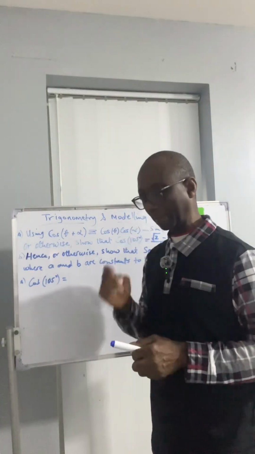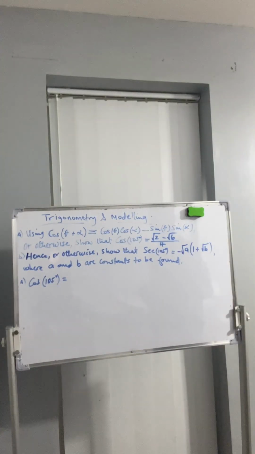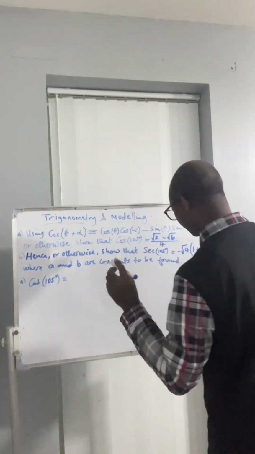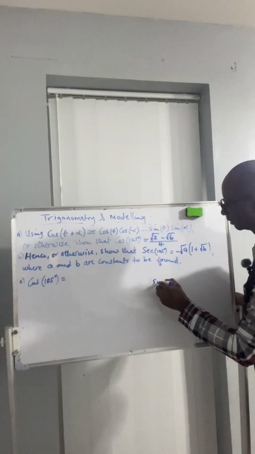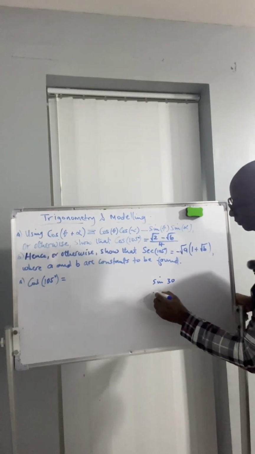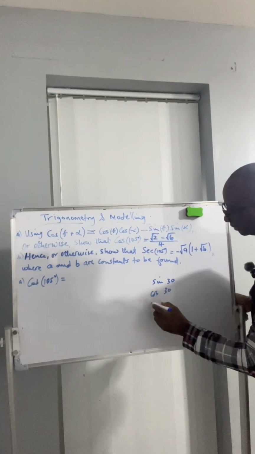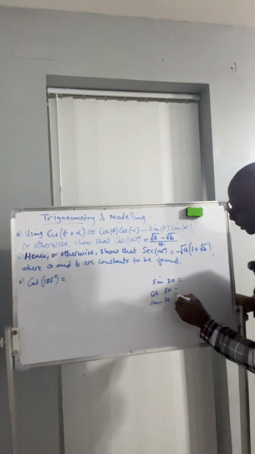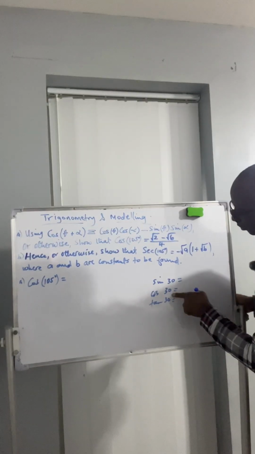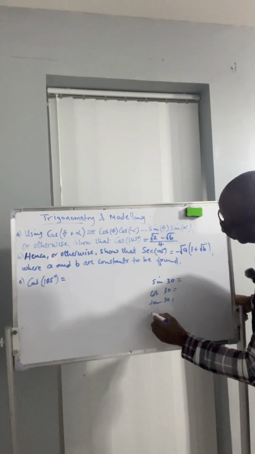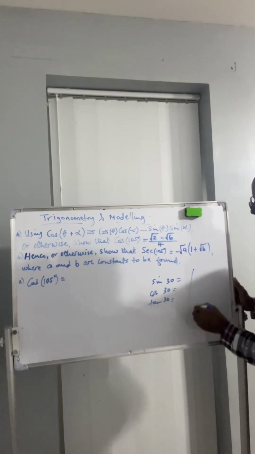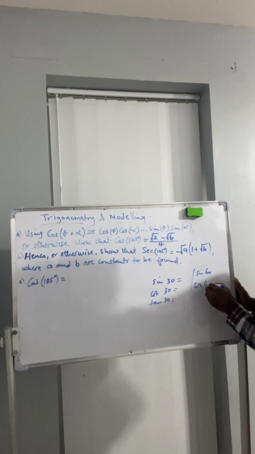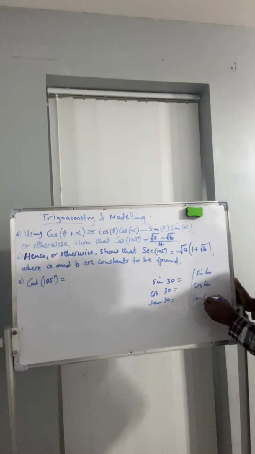What you need to know in our trigonometry identities, you are very much familiar with sine 30, cos 30, tangent of 30 degrees. And also sine of 60 degrees, cosine of 60 degrees, tangent of 60 degrees.